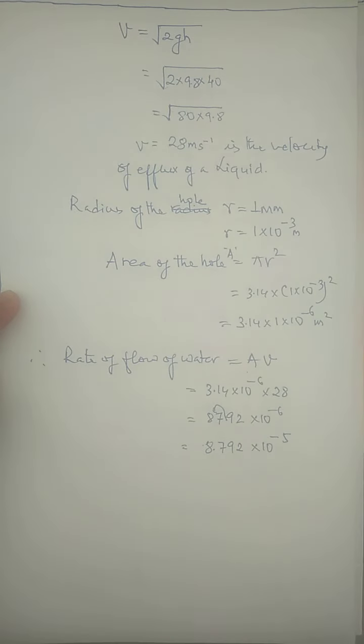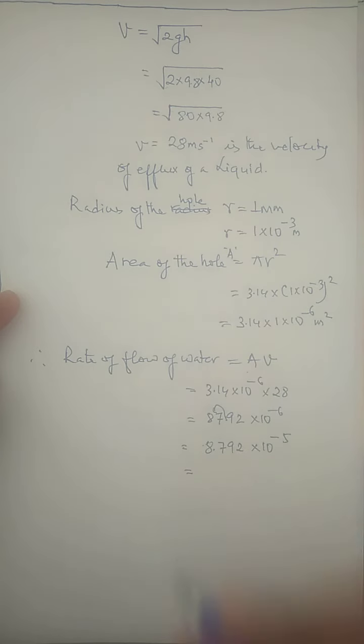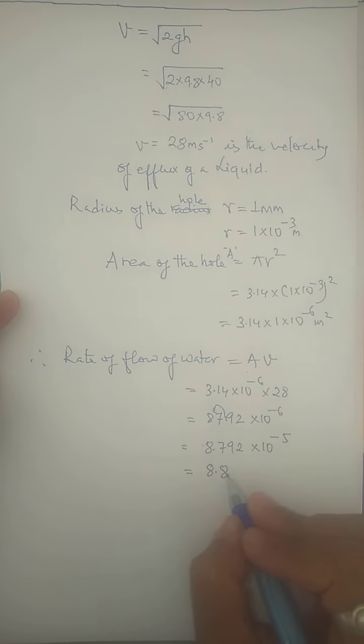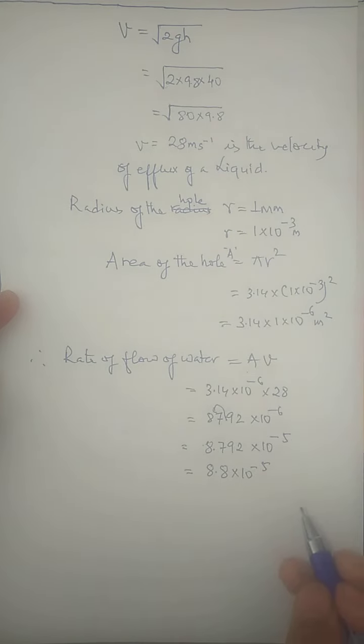Then the value can be rounded to 1 decimal place, so 8.79 I can write as 8.8. So finally the answer will be 8.8 into 10 power minus 5.